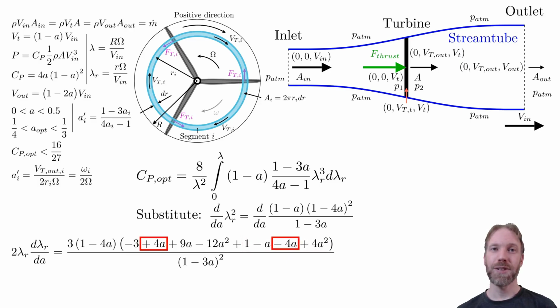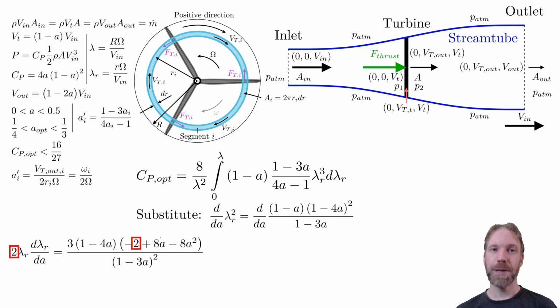We can cancel for a. Collect the terms. Divide by 2.